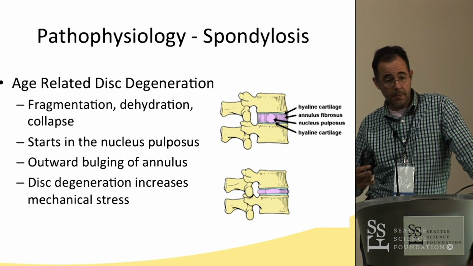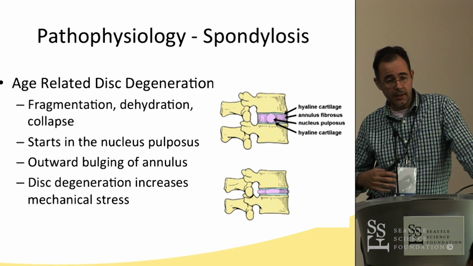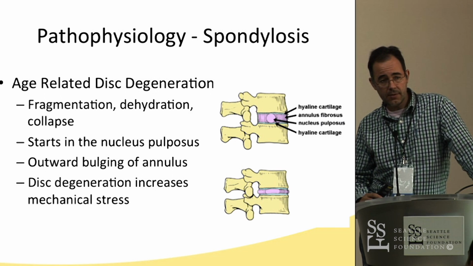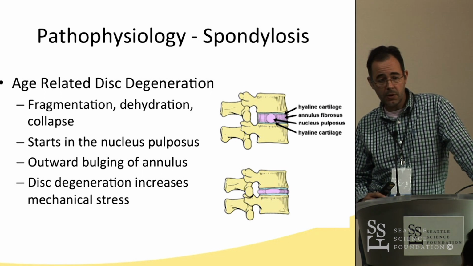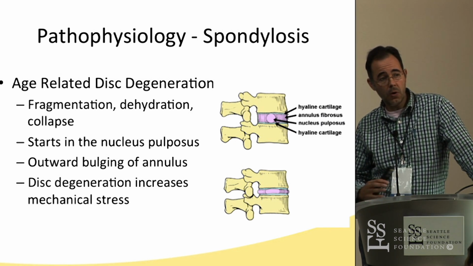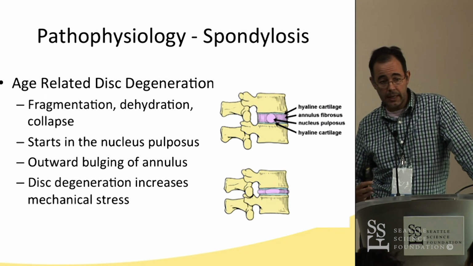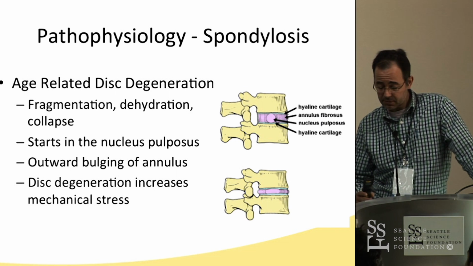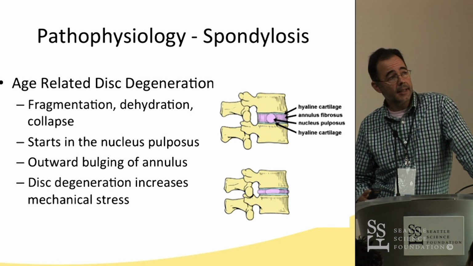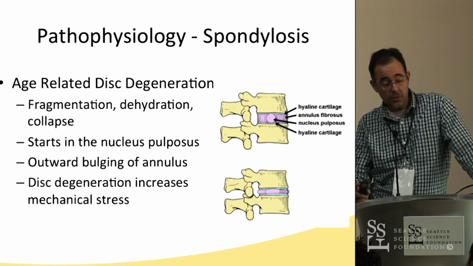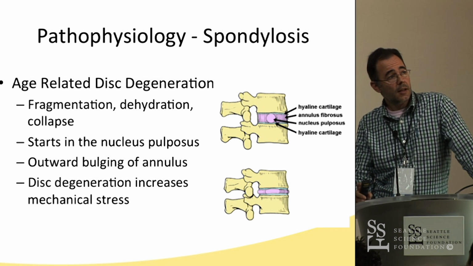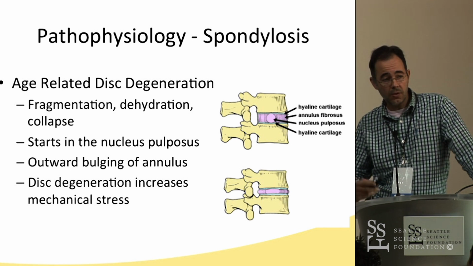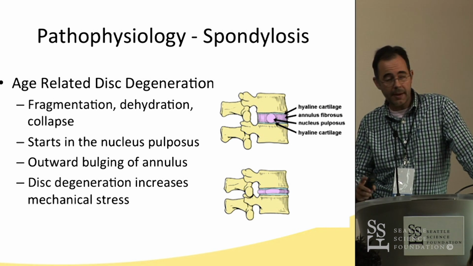And the part that remains ends up causing what we call a disc osteophyte complex, which means that the disc calcifies partially, but more importantly, the bone around the disc evolves and grows in the direction of that disc. And that's why we end up needing to do surgery very often. So there's a mechanical stress that induces this bone formation as time passes.